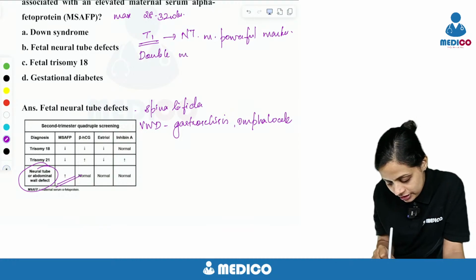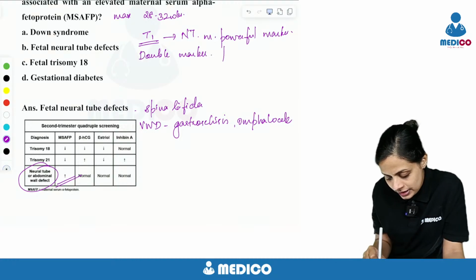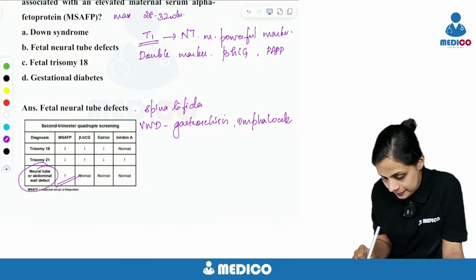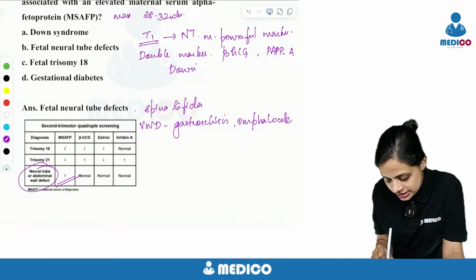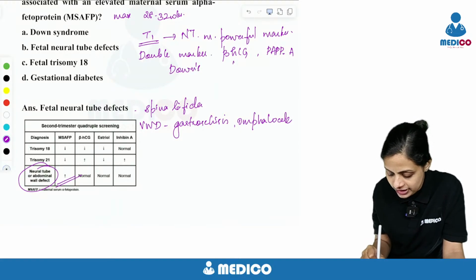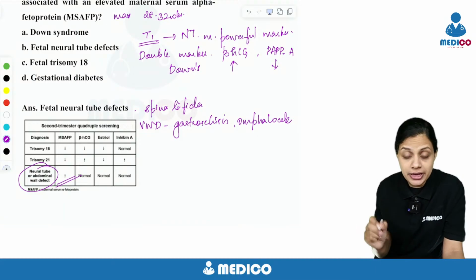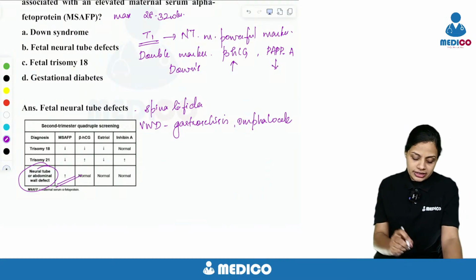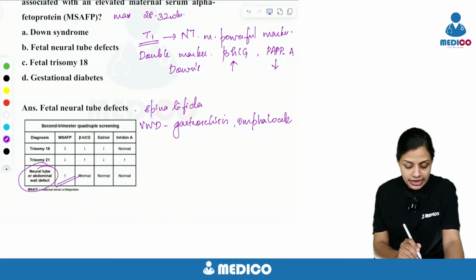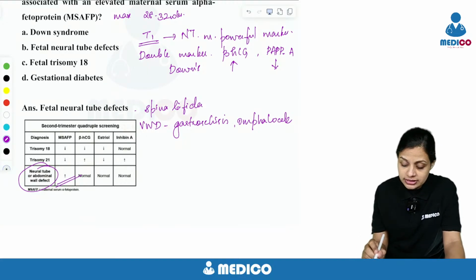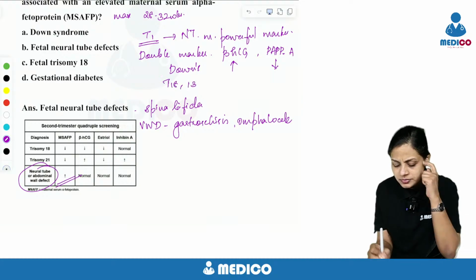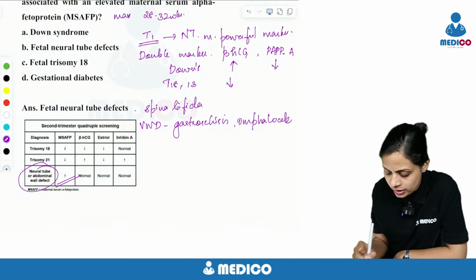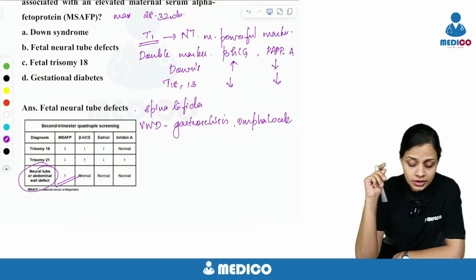The analytes looked for are beta HCG and PAPP-A. In Down syndrome, that is trisomy 21, beta HCG is elevated and PAPP-A is reduced. While in trisomy 18 and trisomy 13, you find both are reduced.